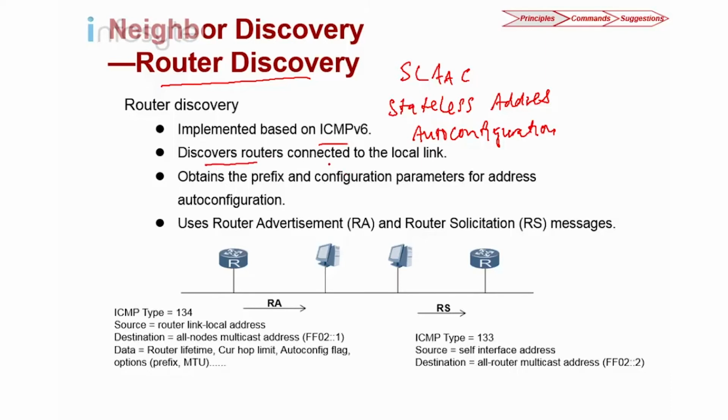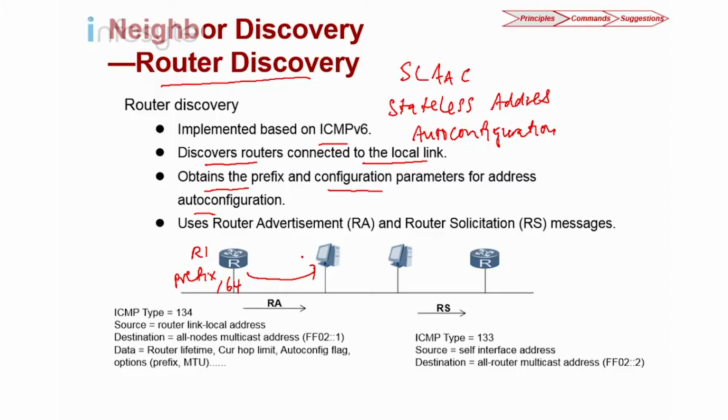So it discovers the router connected to the link local. So I have a router, let's call it R1, that is connected to the same link as the host. So the host will obtain the prefix and configuration parameters for the auto configuration. Now the router is going to send a prefix, and you also have to specify the prefix length, for example /64.